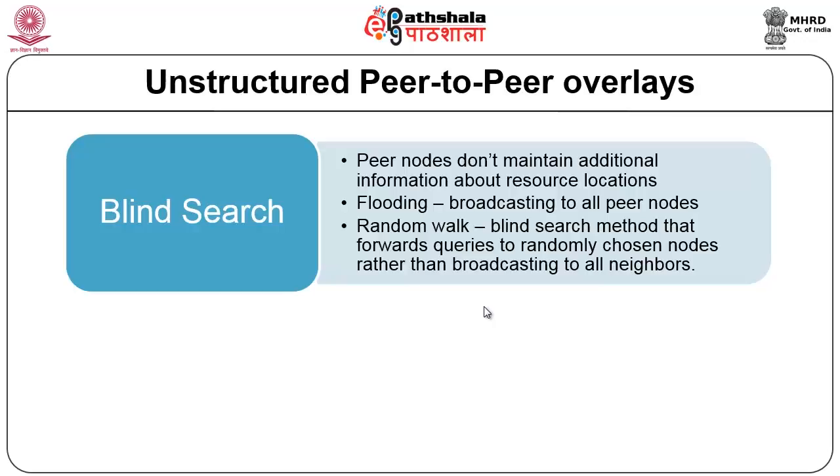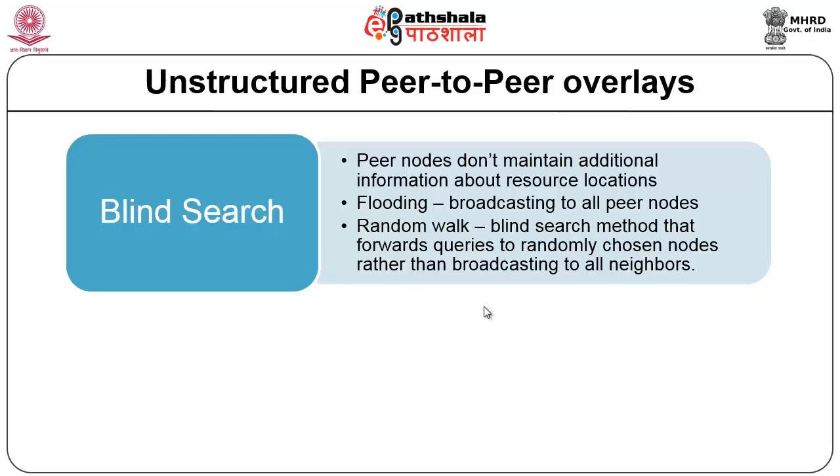Instead of that, one cheaper mechanism is called random walk. In random walk, instead of sending the query to all nodes, it is sent to one randomly chosen node, not knowing any information.